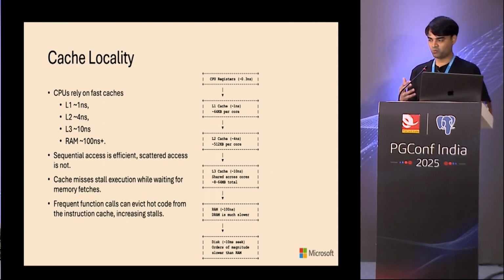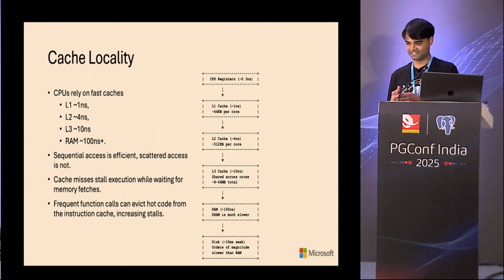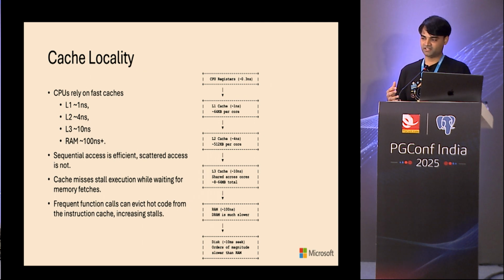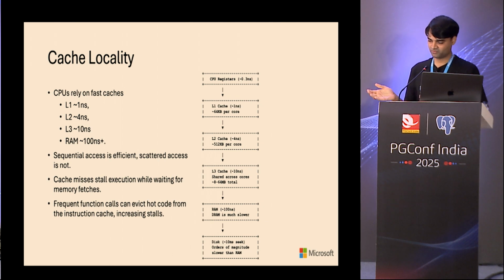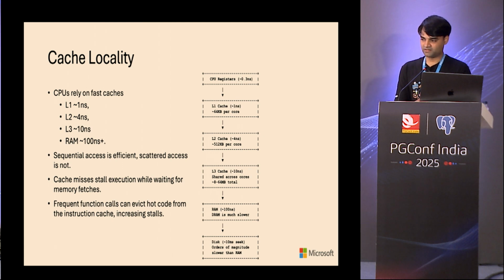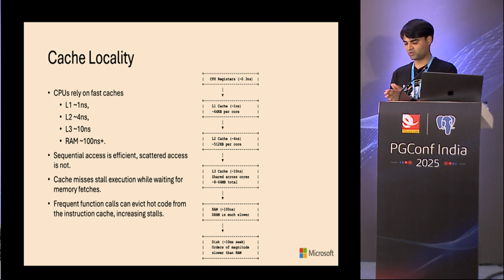I'll get to why it can be worse when it's not able to do that. You might have heard of the terms cache hit and miss. If it's a hit, then CPUs are able to execute programs faster.